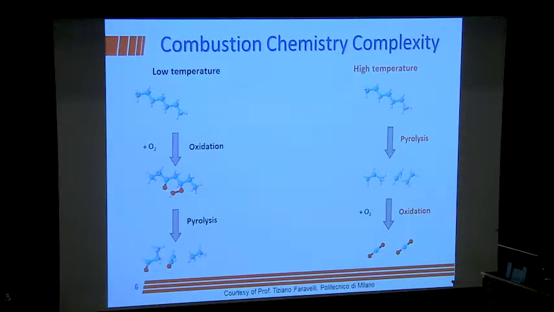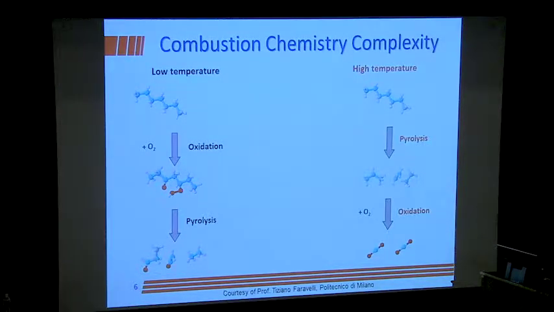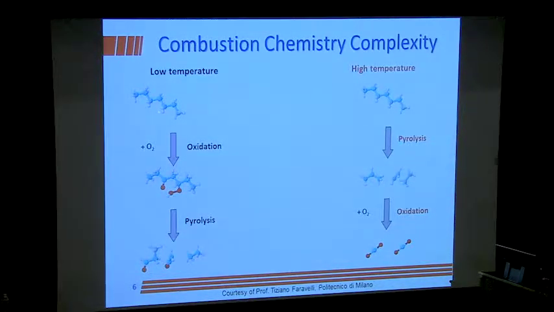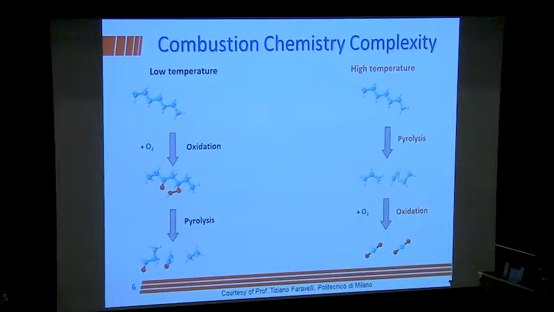Okay, but there's one underlying principle that I'd like you to remember. This is a slide courtesy of Professor Tiziano Faravelli at the Politecnico di Milano. At low temperature, because of the activation energies involved, we have hydrogen abstraction from the fuel forming a radical, and that radical adds to molecular oxygen, forming oxygenated species.